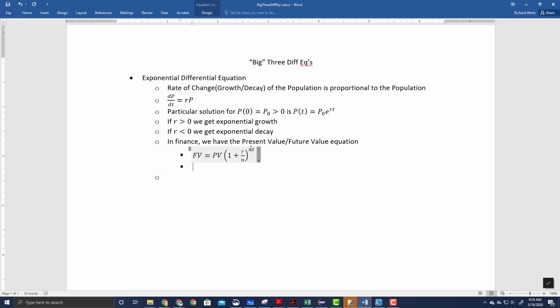All right, and this is just to specify what this means. FV is the future value of your investment.